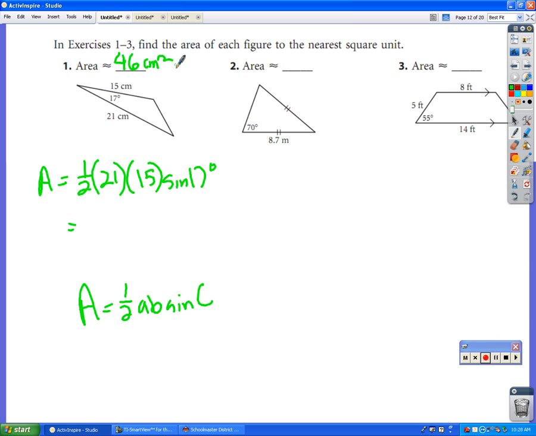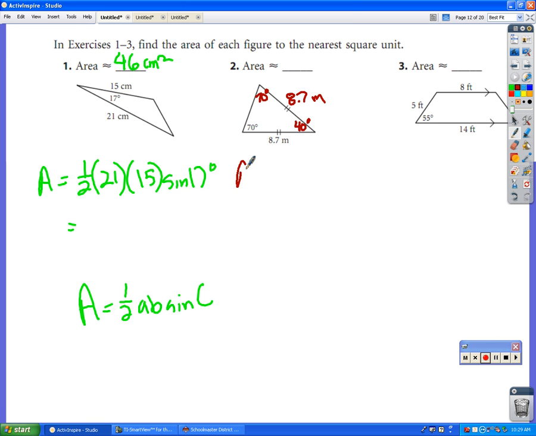All right, same deal here, but remember that the angle needs to be in between the two sides, and the 70 is not in between the two sides that we know. But we do know that this is an isosceles triangle, so we have to sort of remember some of the stuff we learned before. Since it's isosceles, those two base angles are congruent. 70 and 70 adds up to 140, which leaves 40 degrees for that angle right there.